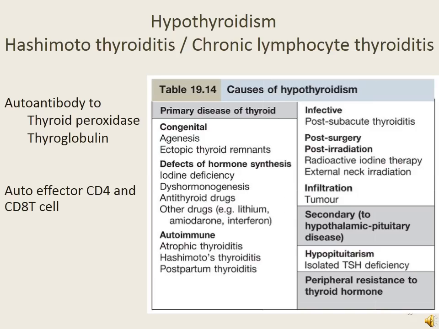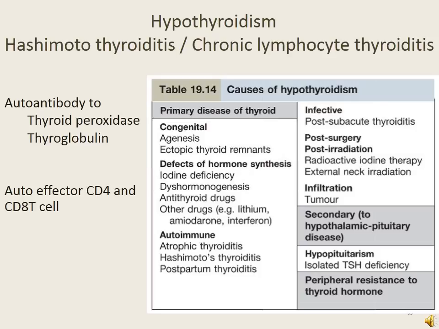This slide describes an autoimmunity to the thyroid gland as well, but in this case, the autoimmune disease occurring is hypothyroidism or Hashimoto thyroiditis or chronic lymphocytic thyroiditis.